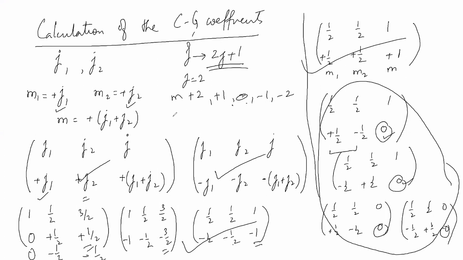It has 5 dimensions, and the states you will write as 2 plus 2, 2 plus 1, 2 0, 2 minus 1, 2 minus 2. The important point is that the Clebsch-Gordan coefficient for the extremum values will be equal to 1, otherwise the value will not be equal to 1. Is it clear to everybody?